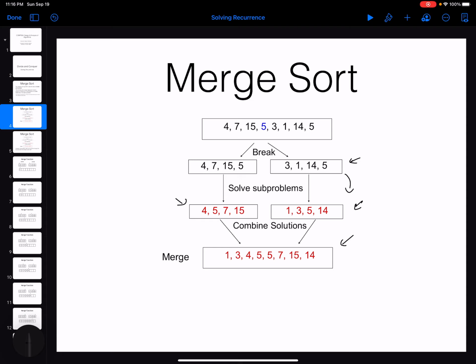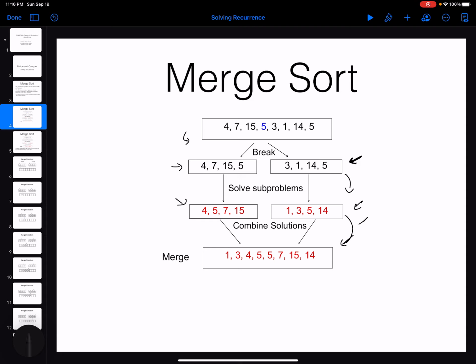So let's just get back to the idea of merge sort. Dividing the problem into sub-problems is easy, right? Solving the sub-problems is going to be that recursive part of the solution. So each of these sub-problems is going to be solved using merge sort. So the only part that remains that we need to actually solve is this combining part, the merging part.